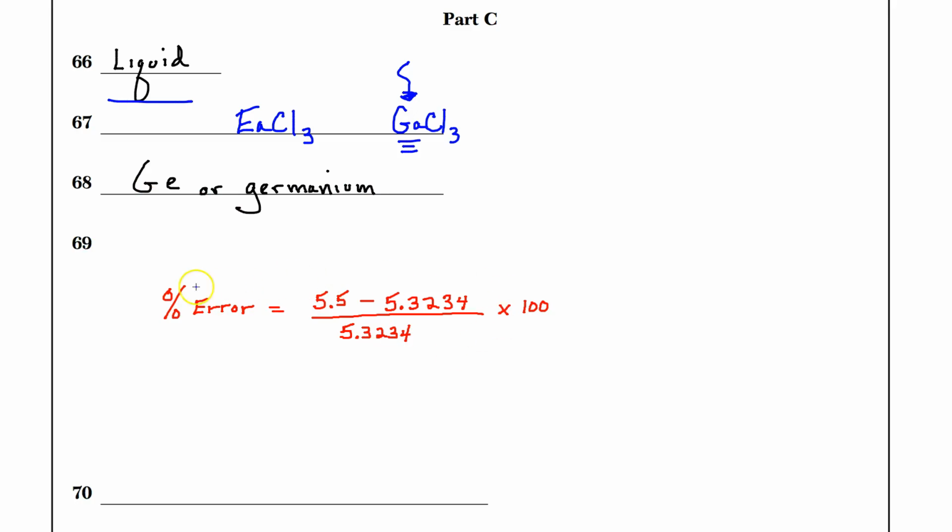And there's our setup. We don't need to write the percent error, but this is essentially what you have to write. So it's pretty straightforward. You don't have to put the units in. You can make this more simplistic if you want. Some people will take these two numbers and subtract them, and you get something like 0.2, and then you can divide that by 5.3. They're going to be rounding off here, and times by 100.